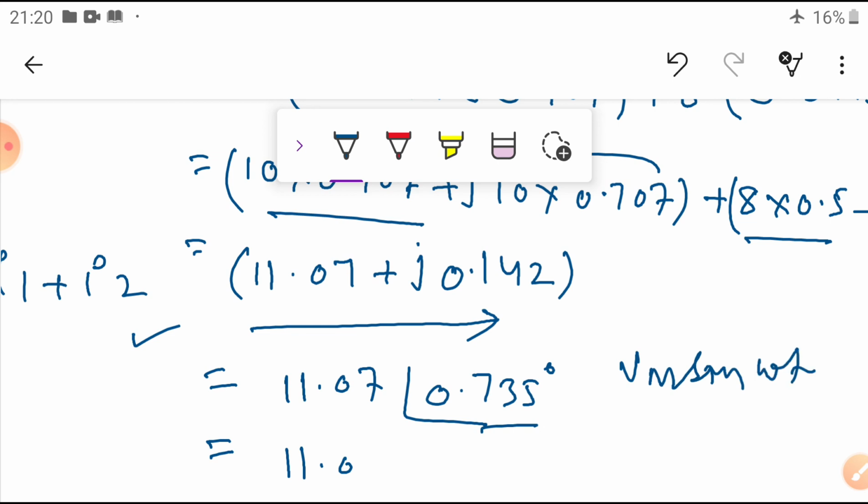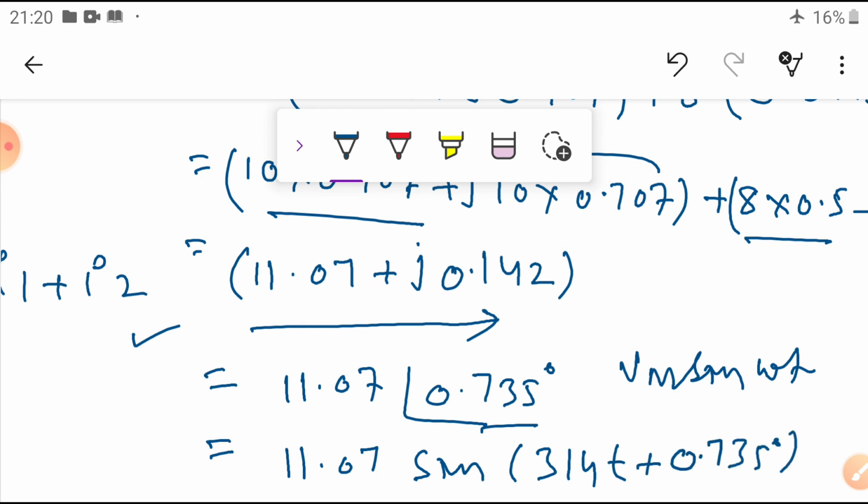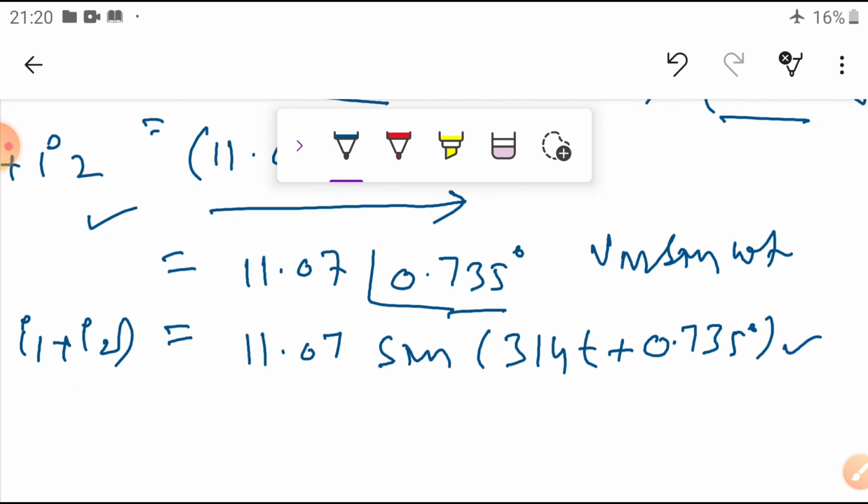So that is equal to 11.07 sine 314 t plus 0.735 degrees. This is equal to I1 plus I2 of instantaneous currents. Okay, so this is the problem, I1 plus I2.